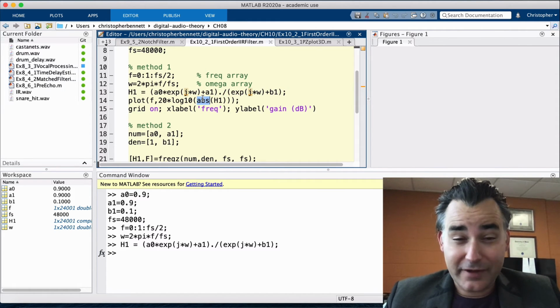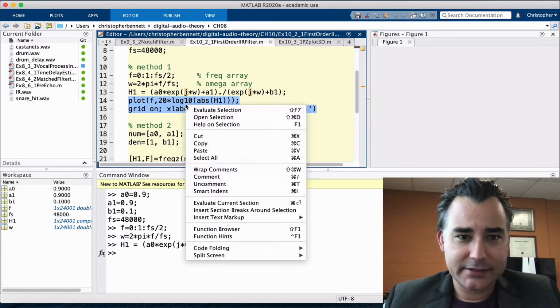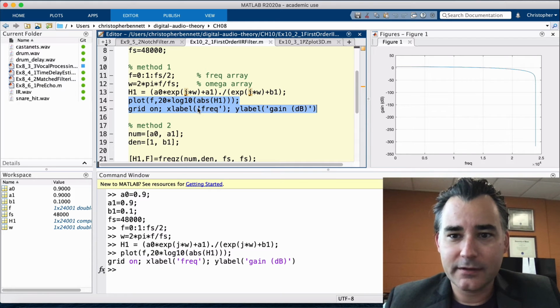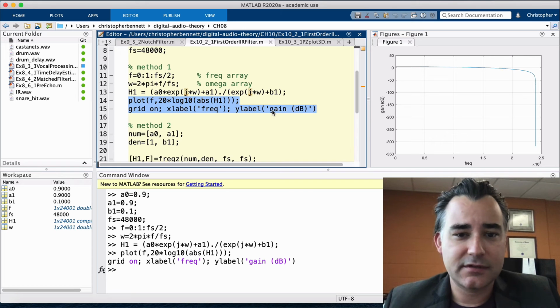If we plot the absolute value, we get the magnitude response. But we'll plot the dB of the magnitude. And we'll label our axes. There we have it, the magnitude response of this IIR filter.